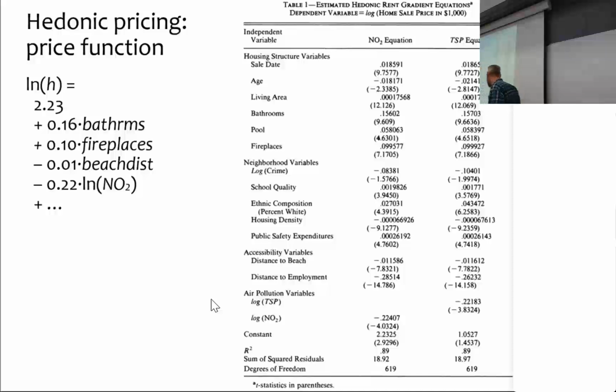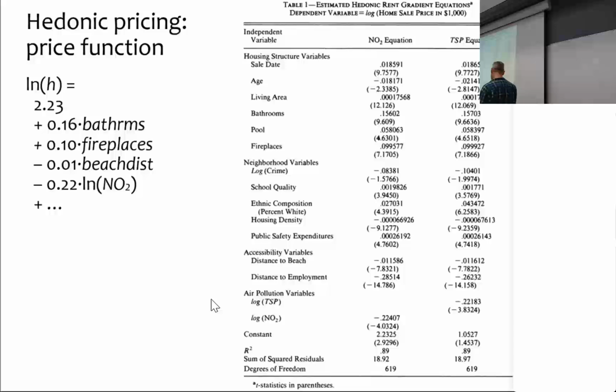Then here we have air quality, total suspended particles. That is a general measure of air quality. The dirtier the air, the cheaper the house. And here we have not total particles, but just nitrogen dioxide particles. The more of that stuff is in the air, the cheaper the house, right?